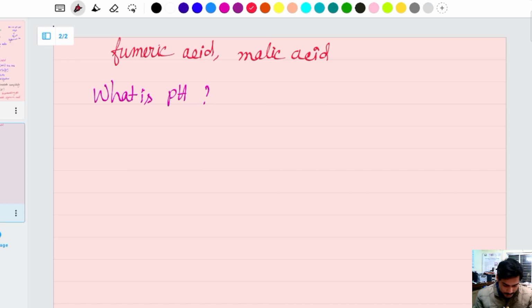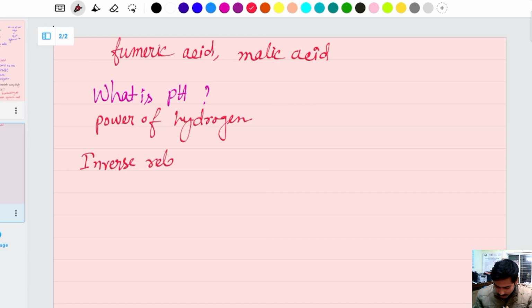You can say it has an inverse relationship with the H plus ion concentration, like the power of hydrogen.